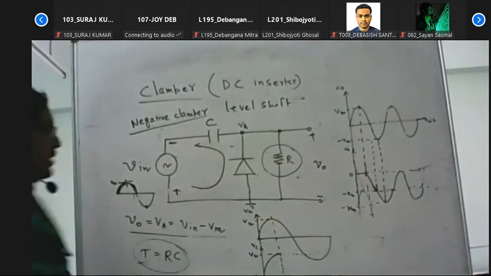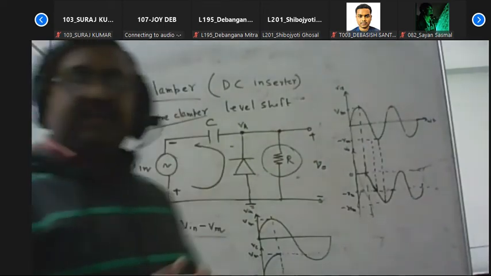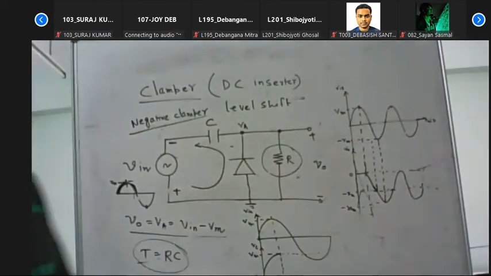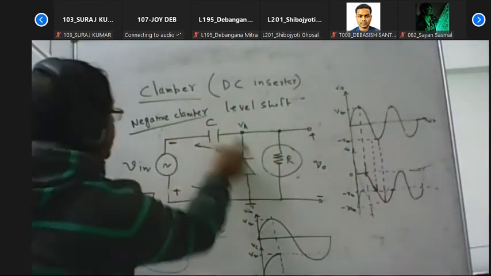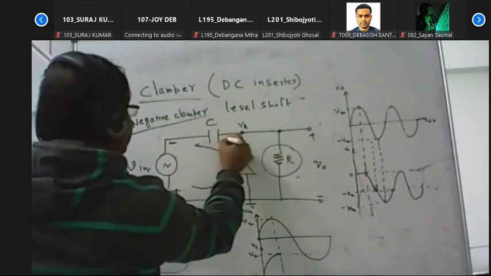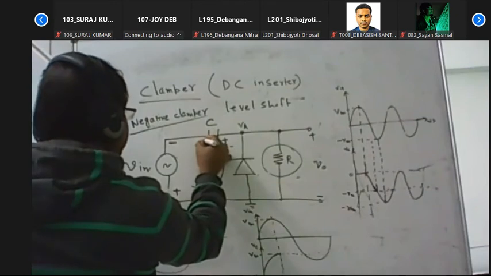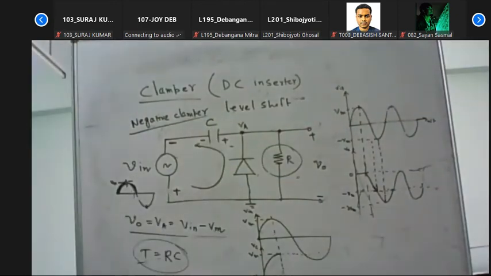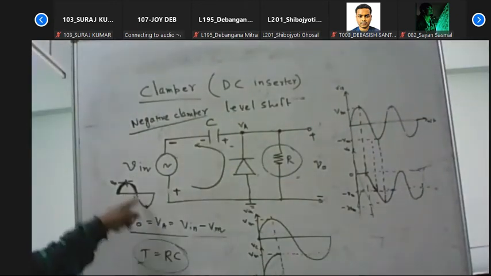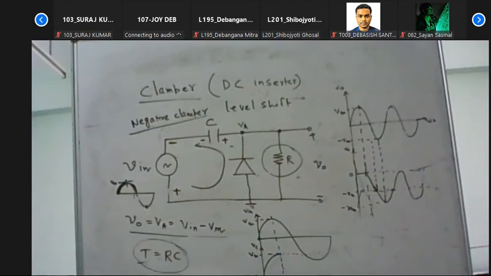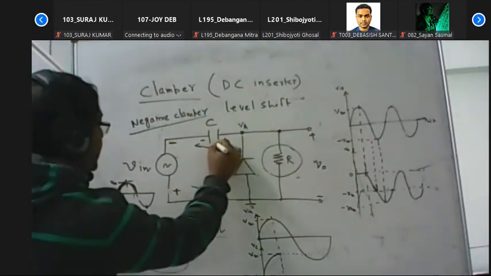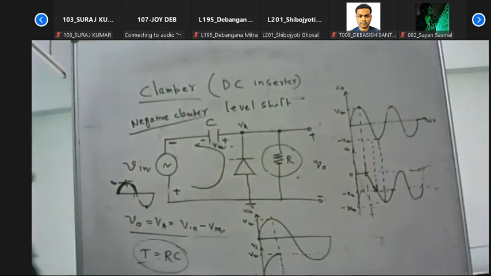We know that current always flows from the positive side to the negative side of the supply. So current will be flowing in that way. That means the capacitor will be charged with this side positive and this side negative, for the negative half cycle of the input signal, and the maximum voltage developed across the capacitor is Vm.